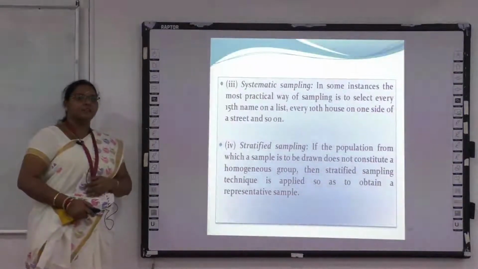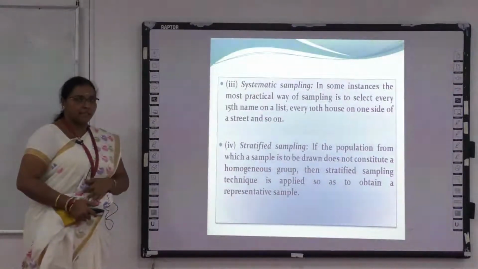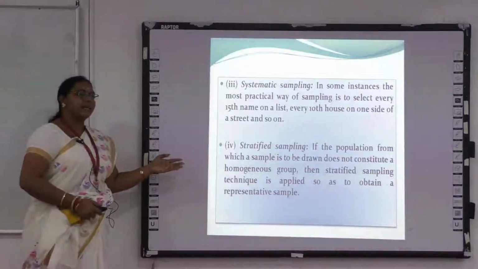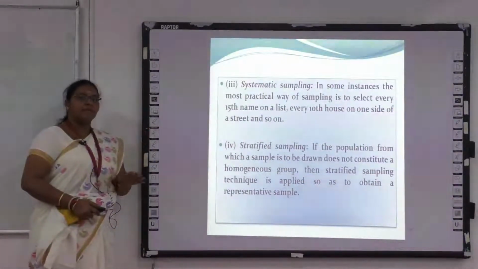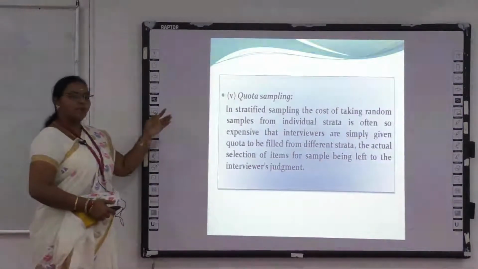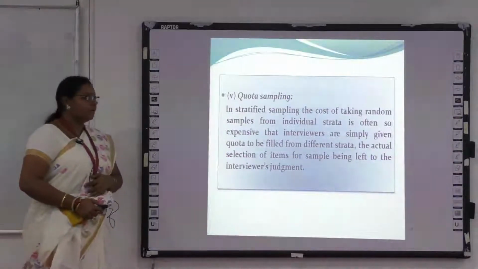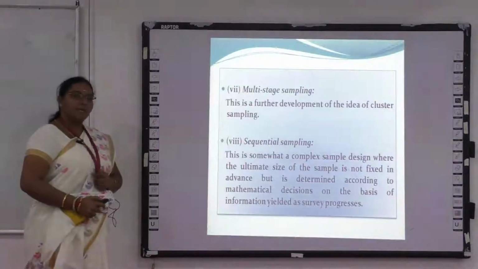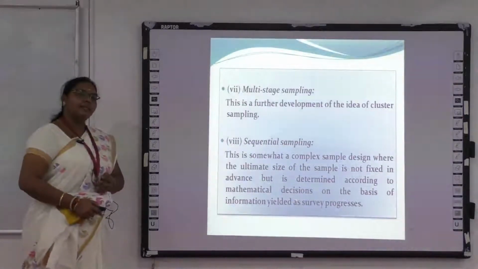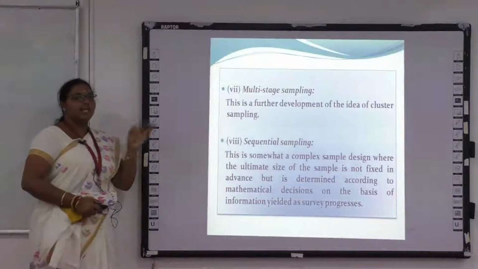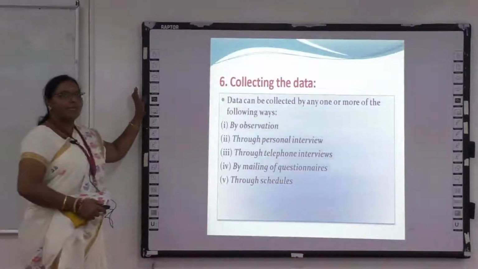Then stratified sampling, a refined part of the execution, like a structure diagram or tree diagram, where the particular product or people are arrayed at last. Then quota sampling, for the interview section, where the target is achievable. Multi-stage is the collection of many areas to achieve my target, and sequential uses a mathematical decision or value to give my exact sample size, right? And then, how to collect the data.